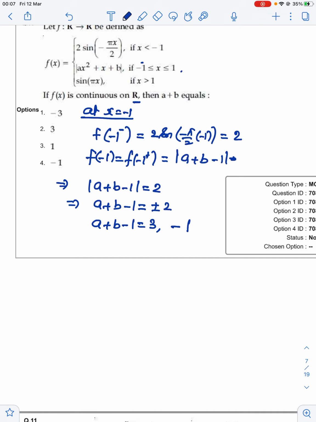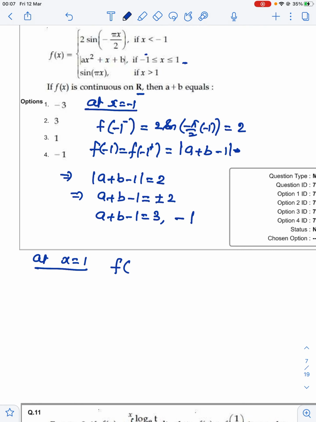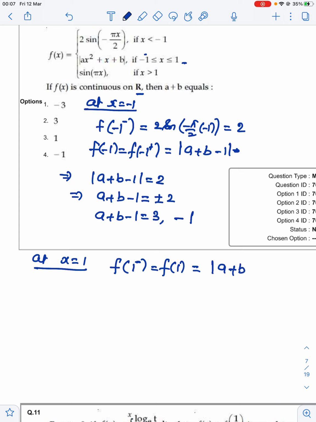Similarly, function needs to be continuous at x equal to 1 also. So again check at x equal to 1. We need to check f of 1 minus and f of 1 plus. The value of function from the second portion is modulus of a plus b plus 1, and f of 1 plus is coming from the third portion, sin pi x.